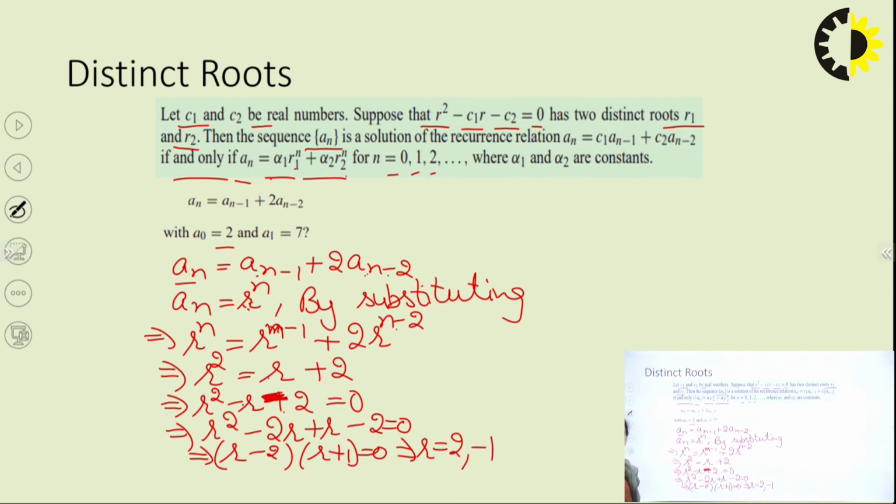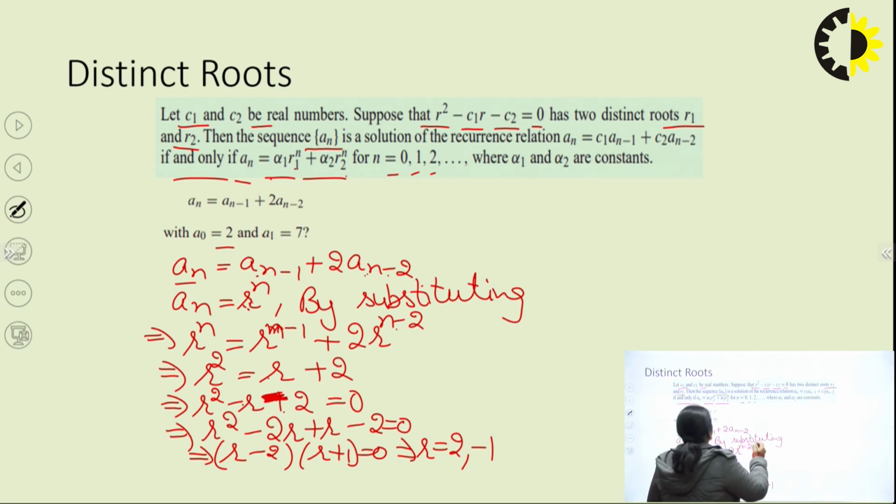What are the roots? The characteristic roots of this particular recurrence relation are 2 and -1. So what will be the solution? The solution will be alpha 1 R1 to the power n plus alpha 2 R2 to the power n.